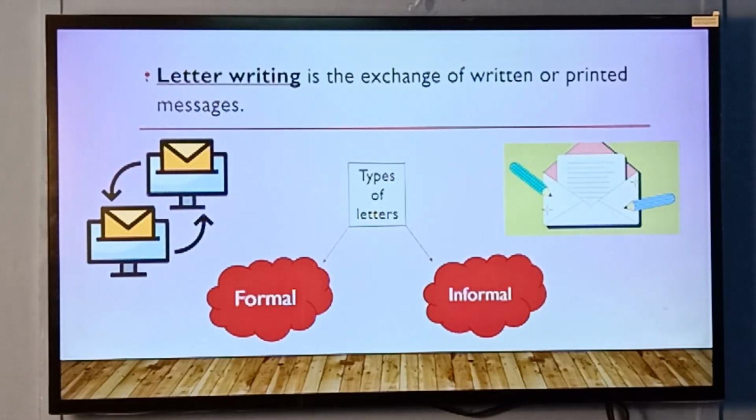What is the definition of letter writing? Letter writing is the exchange of written or printed messages. There are two types of letters, formal and informal.